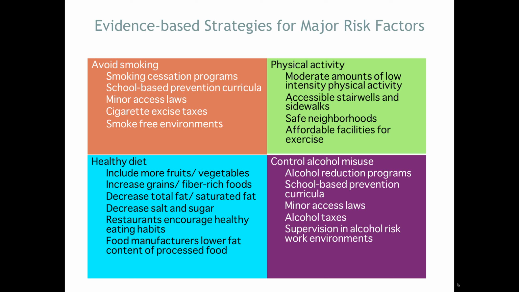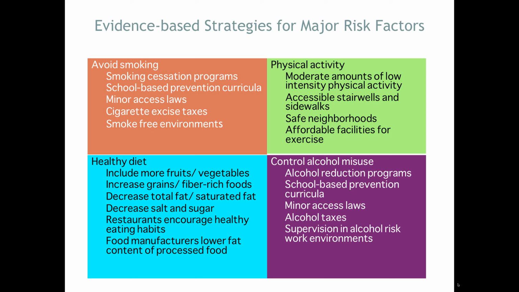And from the Community Guide, these are the evidence-based strategies that work for these major risk factors. For smoking, it's smoking cessation programs, school-based prevention curricula, minor access laws, that's restricting minors from purchasing tobacco before the age of 18, cigarette excise taxes, and smoke-free environments, so all the clean air laws.